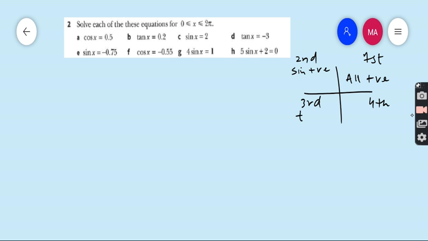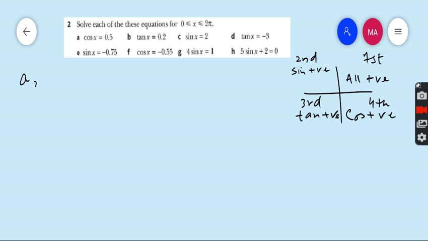In the third quadrant, tan is positive and sine and cos are negative, and the range is 180 to 270 degrees. In the fourth quadrant, only cos is positive, sine and tan are negative, and the range is 270 to 360 degrees.